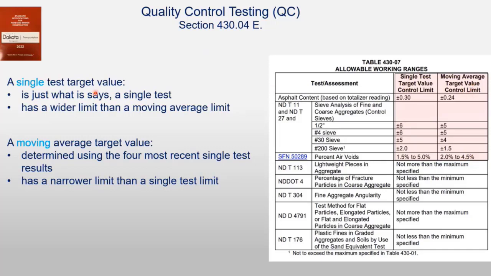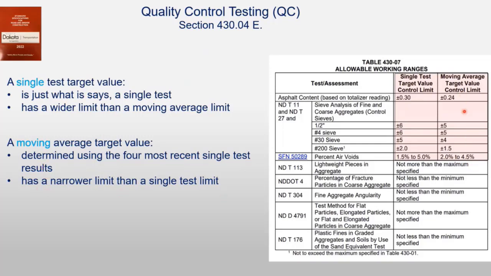moving averages. So a single test is basically what it says. It's just a single test, and it has a wider limit, as you can see, than a moving average limit. A moving average limit target value is a little bit different. It's determined using the last 4 recent single test results. And it has a narrower limit.